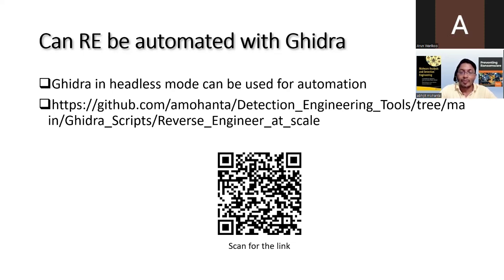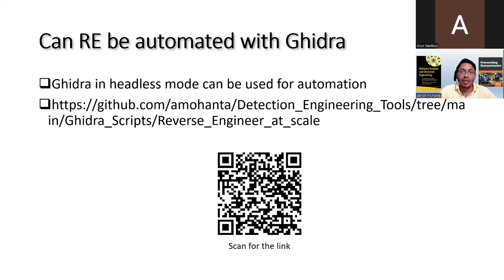The book is good for beginners, for intermediate readers as well, and there are some things for advanced readers as well. This was the only book at that time which was focused on detection engineering. The special thing in this book is that it is very beginner friendly.